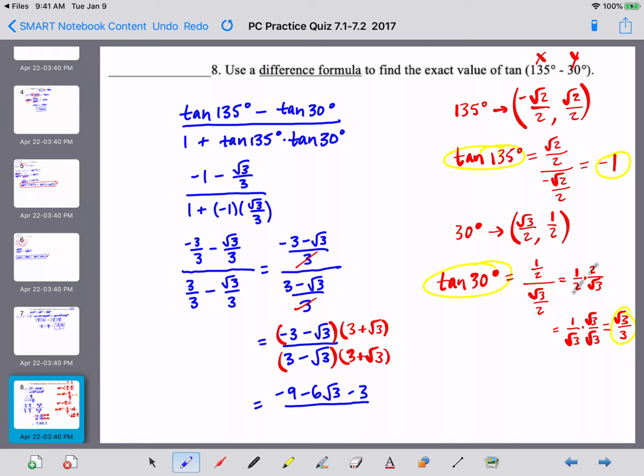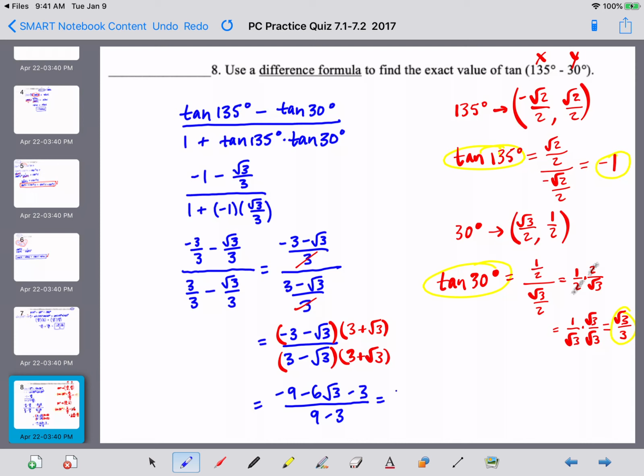In the bottom, you can use a trick. If you multiply a number like this by its conjugate, you actually just end up getting this number squared. So 3 squared is 9 minus this number squared. The square root of 3 squared is 3. And if you don't believe me, you can FOIL that out. I promise you'll get that.